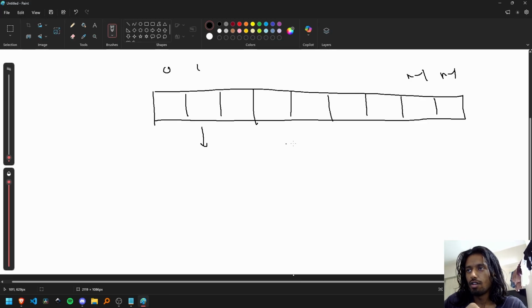Either I'm starting from here, and on this side I'm starting from here as well, which would mean I take this, I take this, and I take this, and I take this, right? This is the odd concept. Okay, this is an odd case. This is n minus 3, this is n minus 2, this is n minus 1.